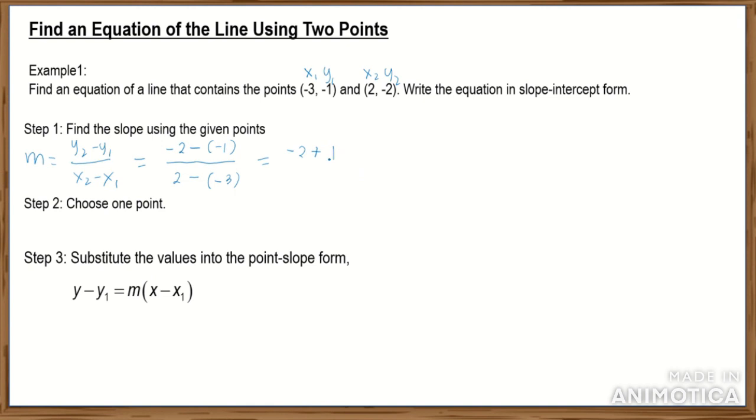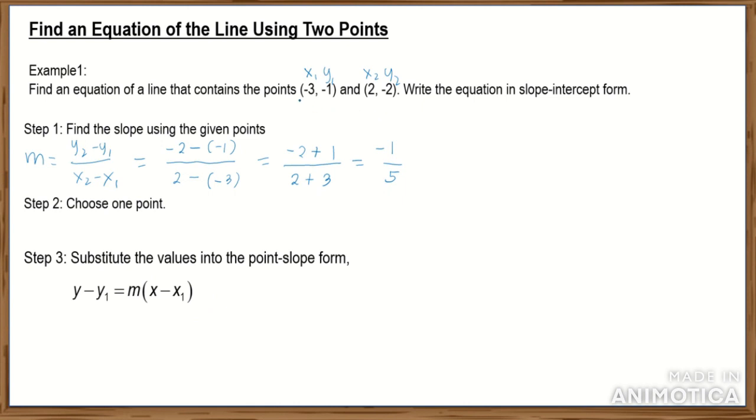That's why we have negative 2 plus 1. Then we have here 2 minus negative 3, which is 2 plus 3. Okay, so our slope now is negative 1/5.